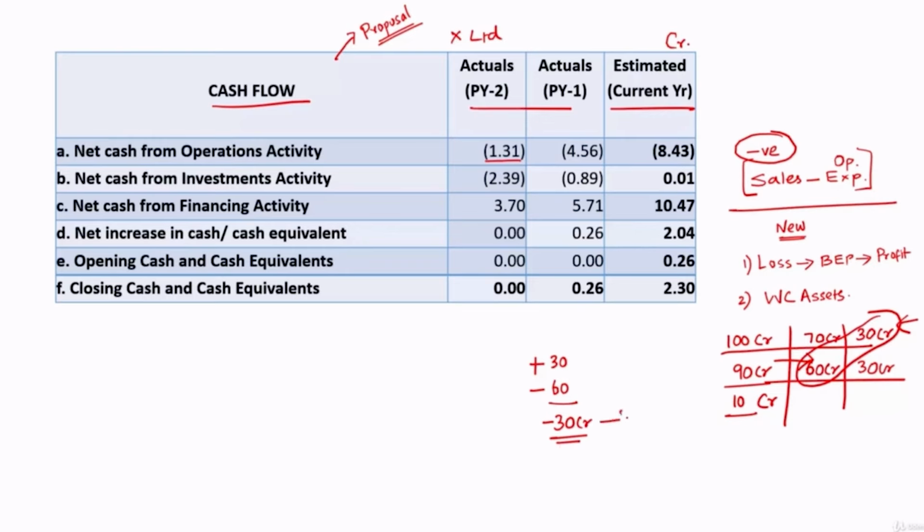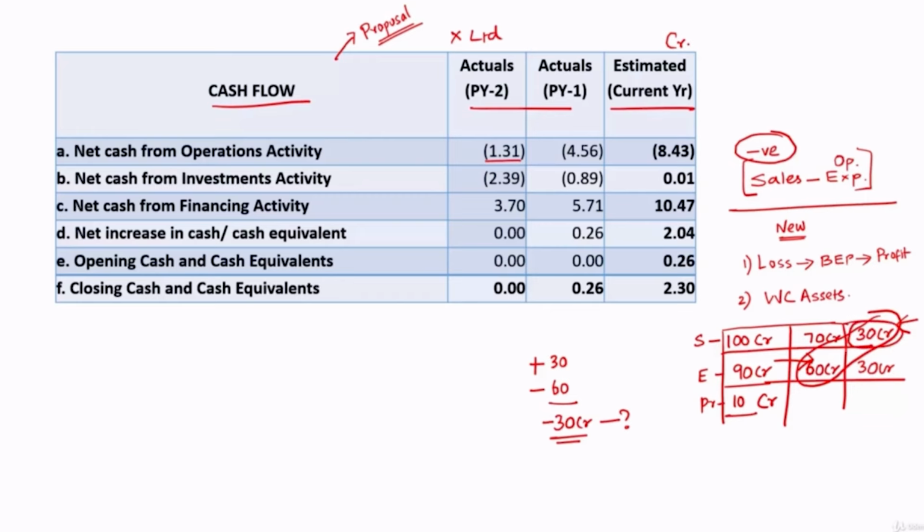So from where they paid this 30 crore, that's what you will get to know from the cash flow statement. So please have a look at this once again. This is the sales. These are all the expenses. This is the profit, right? Out of sales of 100 crore, they have sold 70 crore on credit. It means cash realized or cash sales is only 30 crore.